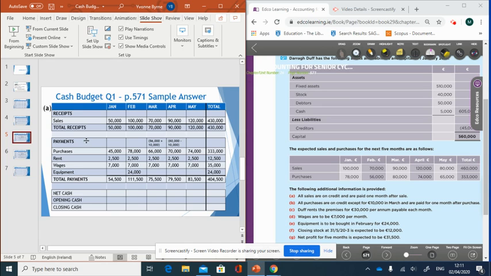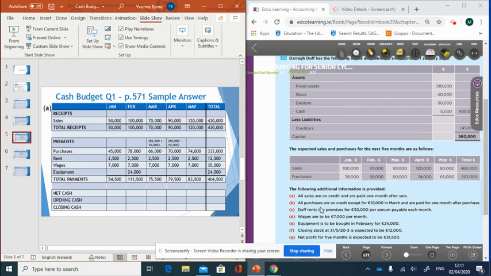Okay, then payments is our money out. So we've done sales here and we'll do purchases. So purchases is the same here as sales were, because again we're purchasing something as a company but we're not paying it until the month after. Okay, so all purchases are on credit except for 10,000 in March, and we are paid for each month, 1 month after purchase.